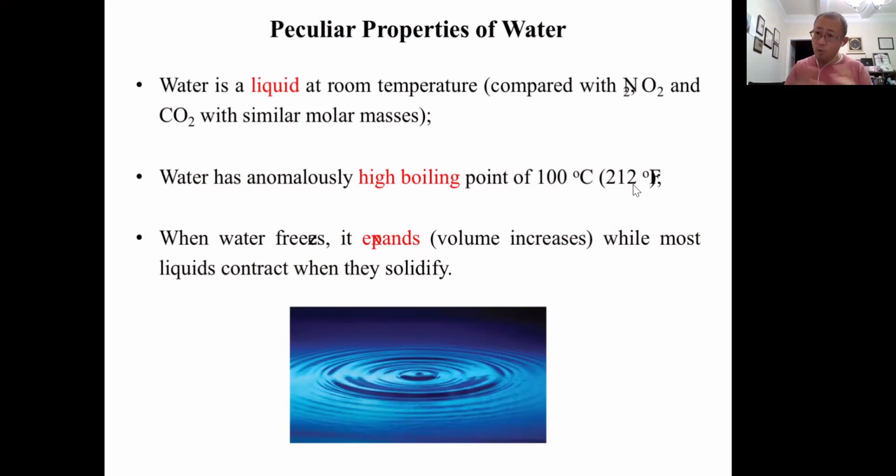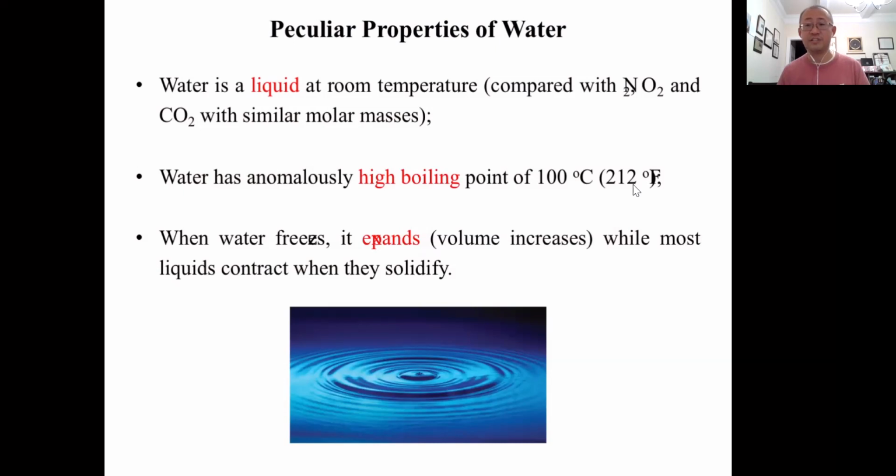That is the only substance we've found so far that has this property. Most substances, when they solidify, their density becomes bigger because solids are more tightly packed together than when they are liquid.